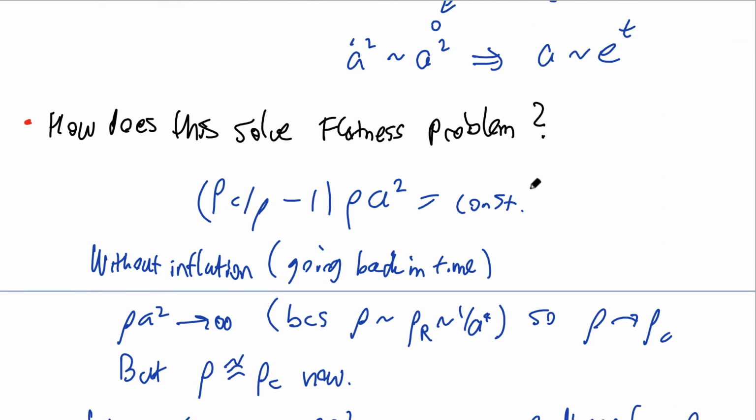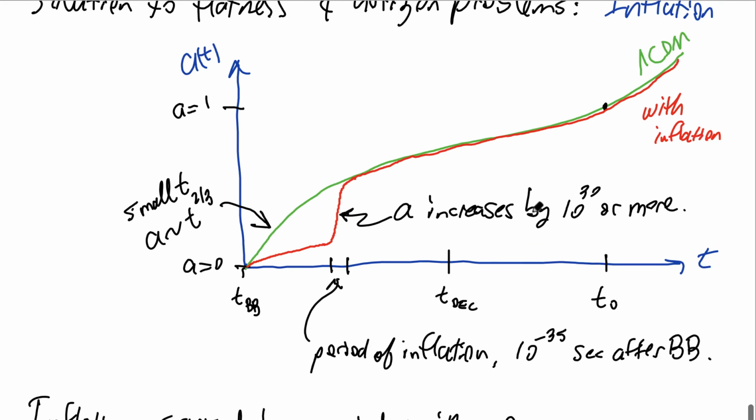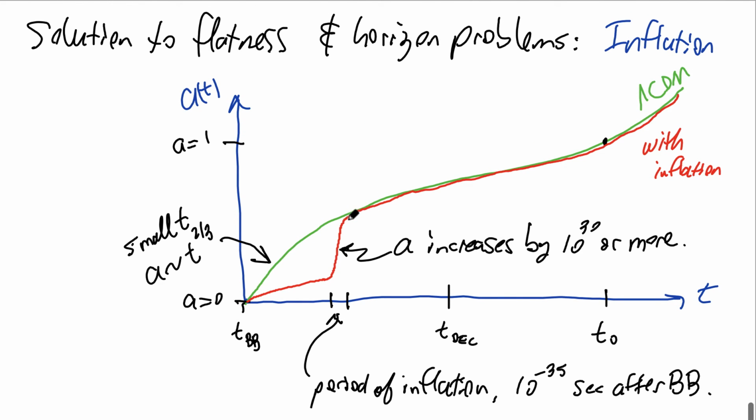But the curve, with and without inflation, is only modified for times between the Big Bang and the end of inflation. So in particular, the scale factor at the time of decoupling isn't changed by inflation. And in fact, this entire integral over the inverse of the scale factor from the decoupling time to the present time is the same. Said another way, the size of our past event horizon isn't changed by inflation.